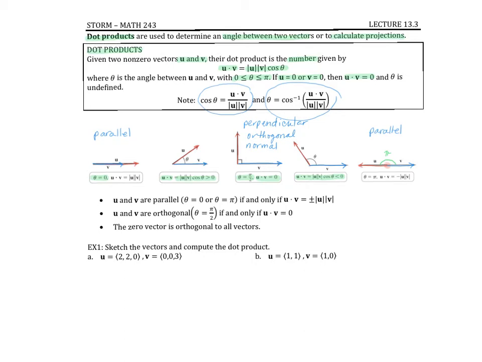To sum up these properties, if theta is pi, and the vectors are parallel but going in opposite directions, notice that cosine of pi is -1, so the dot product is going to be negative.